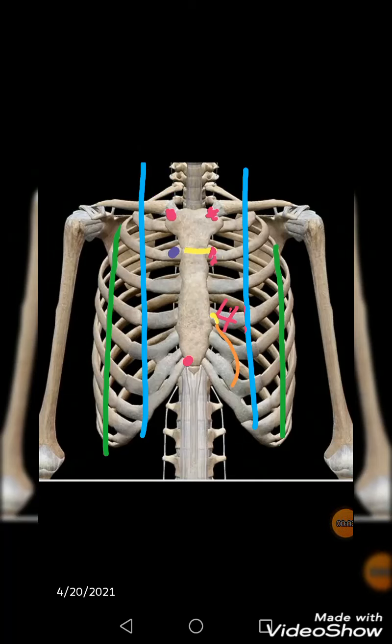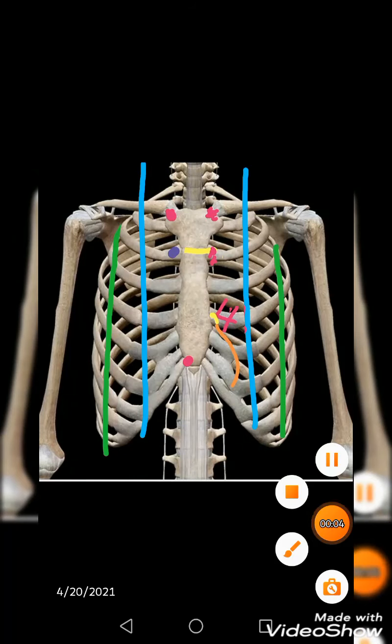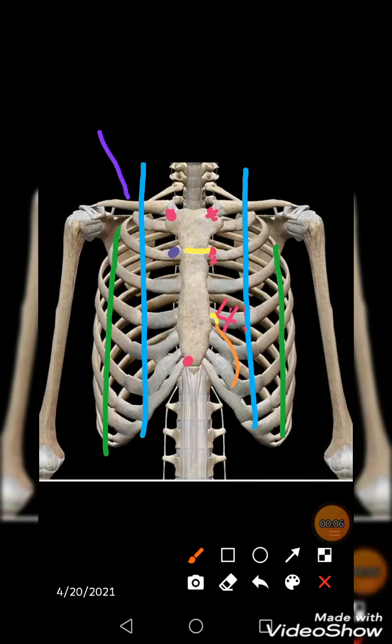Here in this picture you can see the clavicles, on both sides. These are the clavicles, and the blue color lines are showing the mid clavicular lines. This is an important landmark, and the green lines on both sides are the anterior axillary lines. The apex of the lungs is covered with the cervical pleura and the suprapleural membrane.